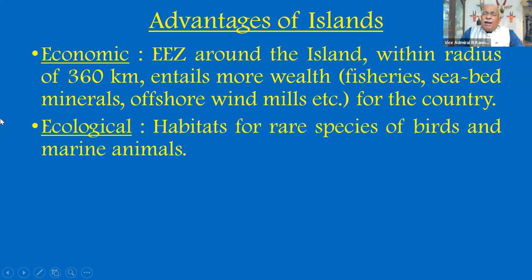Ecological: islands are not invariably thickly populated or having much industrial activity. I'm talking about small islands. So there is a tendency for birds and other marine animals to use that as a habitat, apart from having rare species coming and nesting on your coastline.